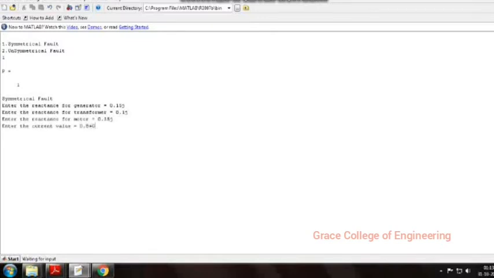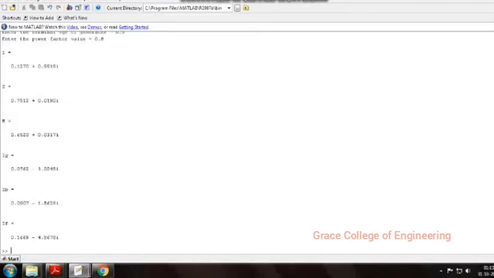Current value is 0.8 plus 0.6j. Terminal voltage is 0.9 and power factor value is 0.8. We can get the output here.